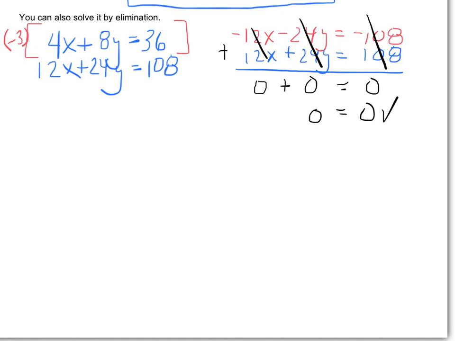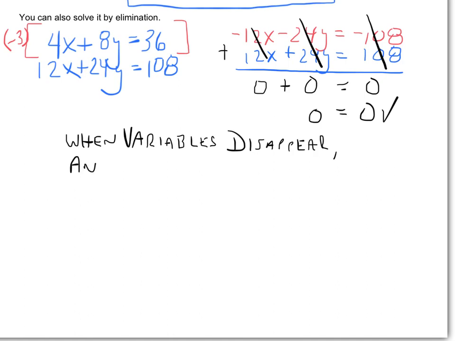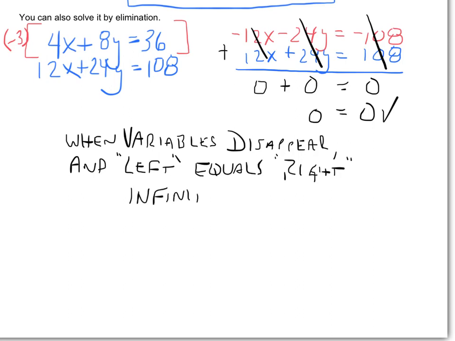So how we want to think of this is, when our variables disappear or cancel out, and the left side equals the right side, so in this case 0 equals 0, we say that it is infinite solutions.